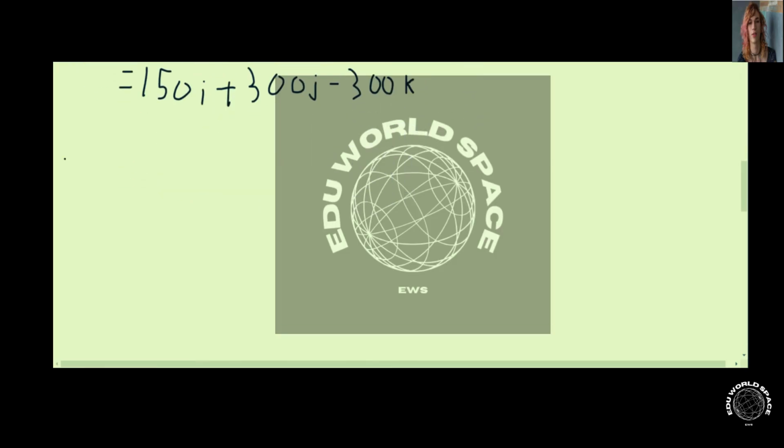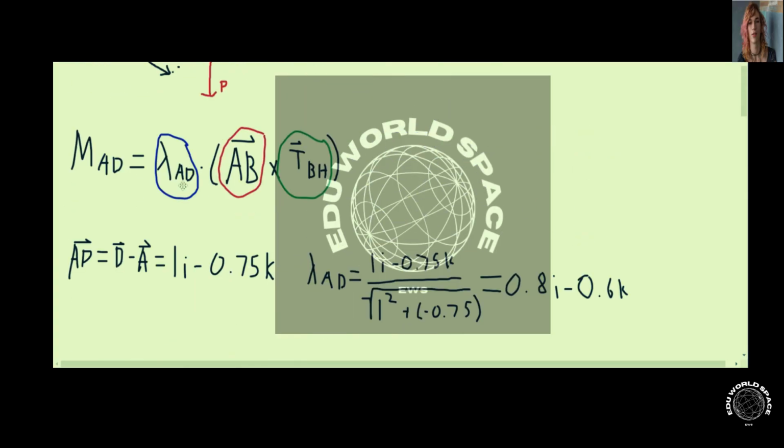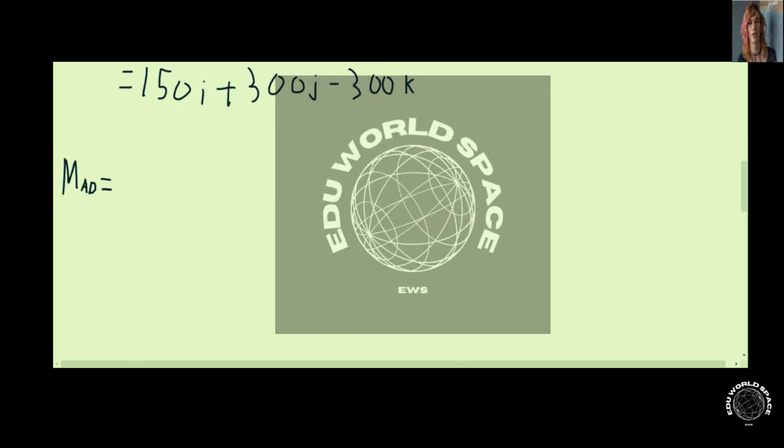So the moment of AD, the moment about the AD rod, that's going to be equal to the unit vector of the AD rod dot the AB vector cross the tension vector.